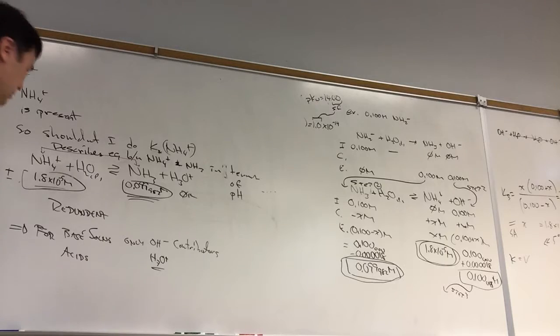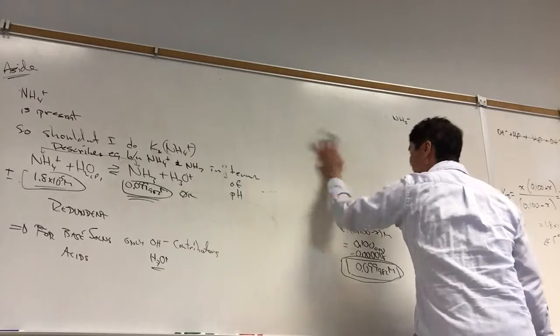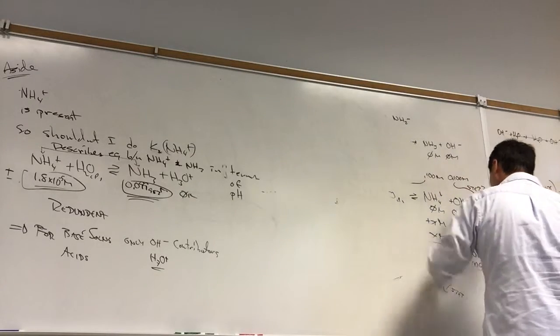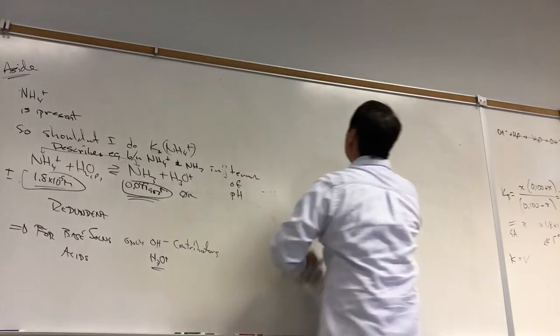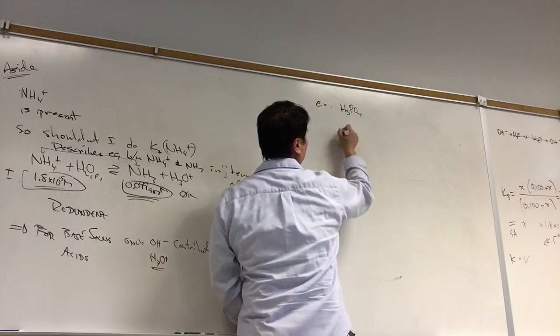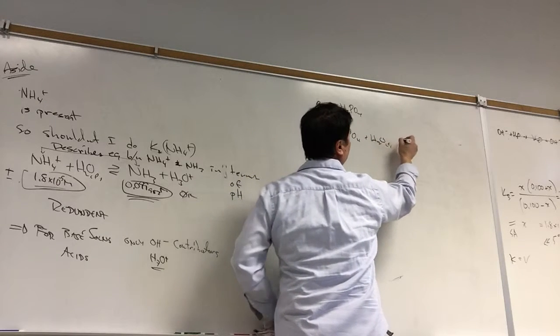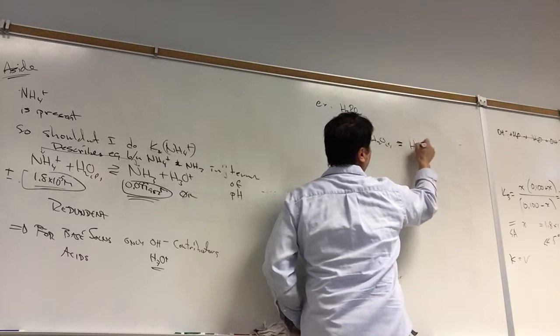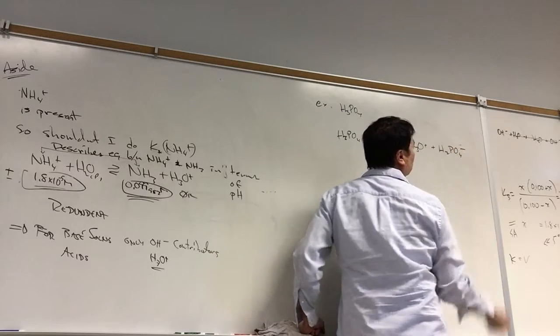Let me give you an example of this. I didn't talk about this earlier because I didn't want to confuse too many people, but an example would be phosphoric acid. H3PO4 hydrolyzes water, H2O liquid, to form hydronium plus H2PO4 minus.